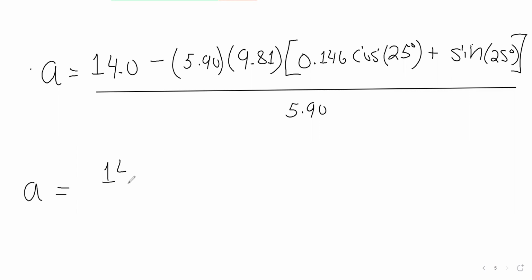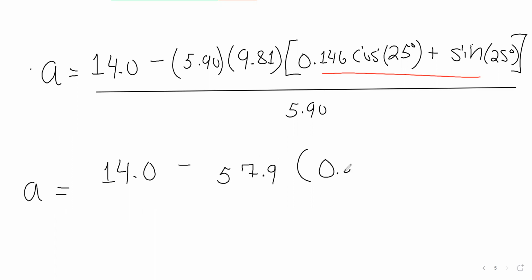So again, that's going to be 14 minus, what's that product? 5.90 times 9.81. Good, so we get about 57.9 times everything in these brackets here. When I type everything in the brackets in parentheses, it becomes about 0.555.